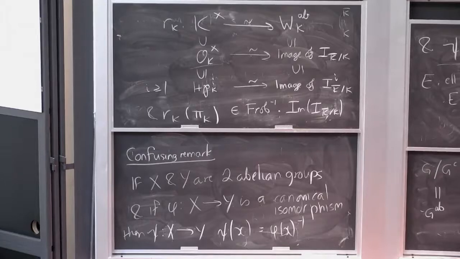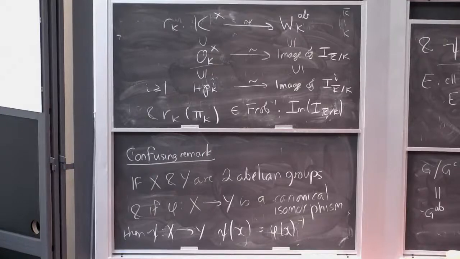One of them sends a Frobenius to a uniformizer, and the other one sends the inverse of Frobenius to a uniformizer. So there are two ways to normalize class field theory, and the reason is that every abelian group has a canonical automorphism, which is inversion, which is never going to go away.